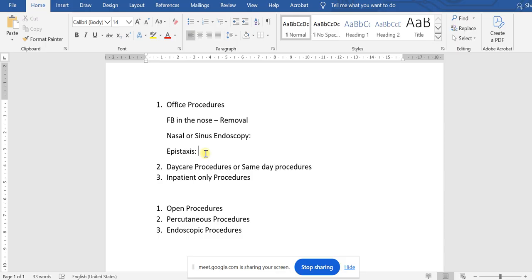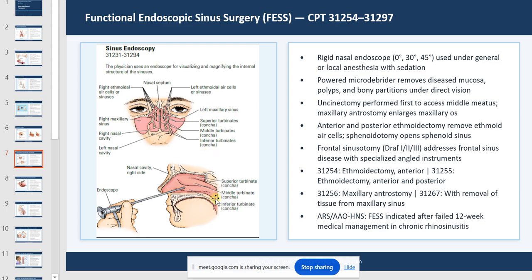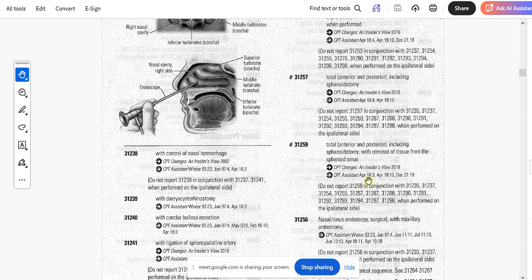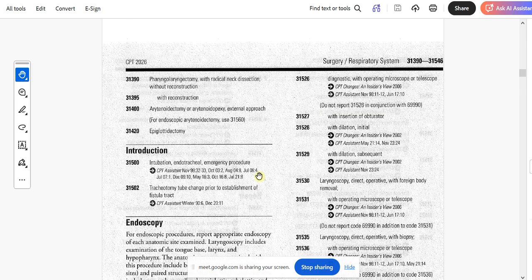So how do you solve it? You have to go through these codes one by one. That's the only way. You can also get the codes from the index, but instead of going there, you can go directly. You have a very limited number of codes, maybe two, three pages.